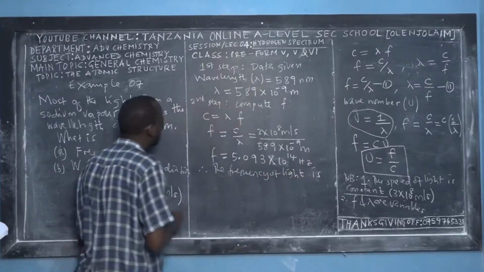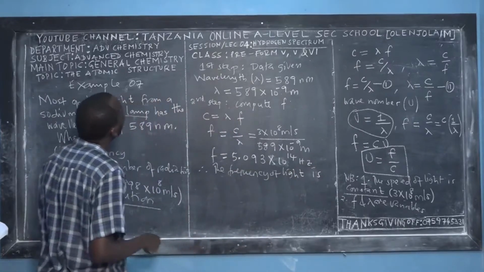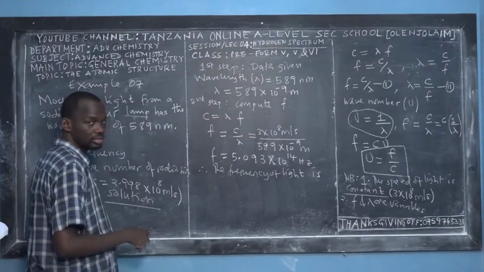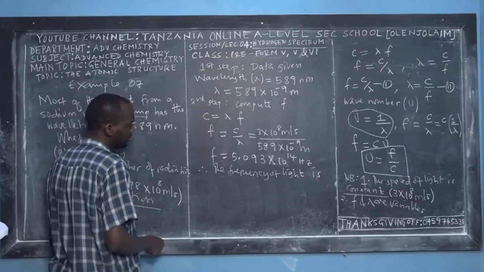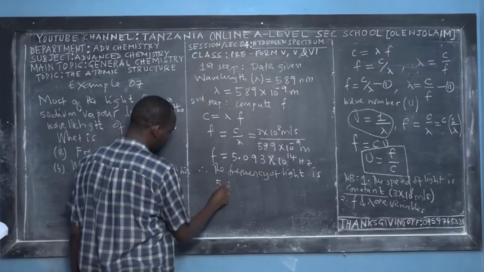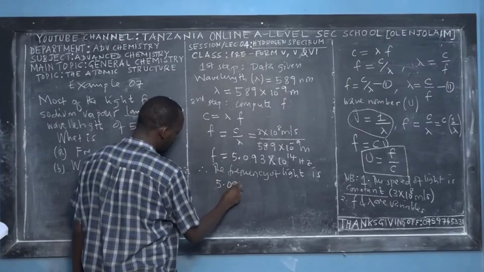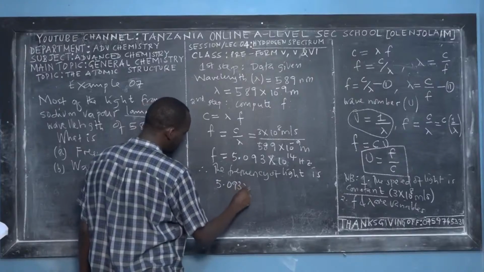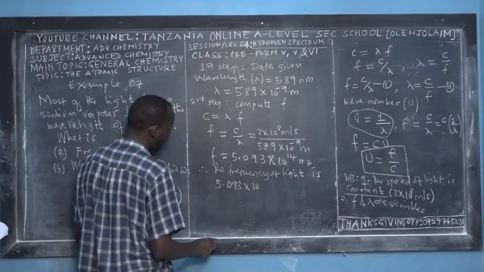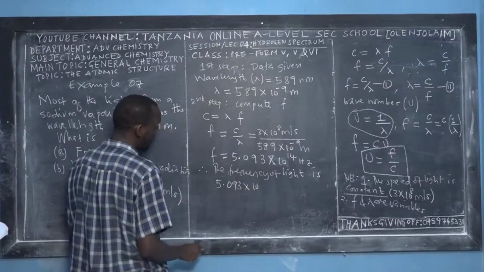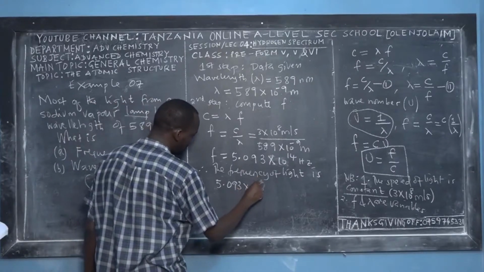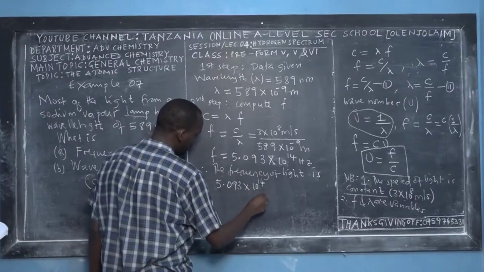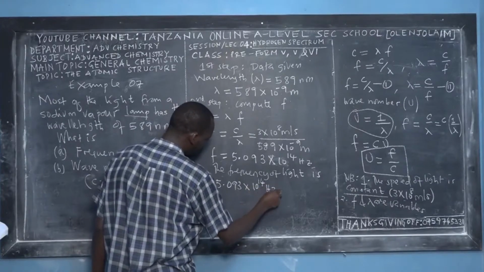So this is a higher frequency compared to the specimen. The frequency of light is 5.093 times 10 to the 14 hertz.